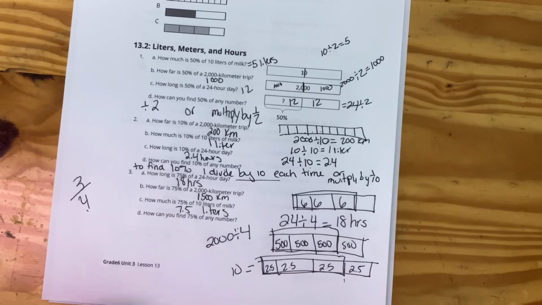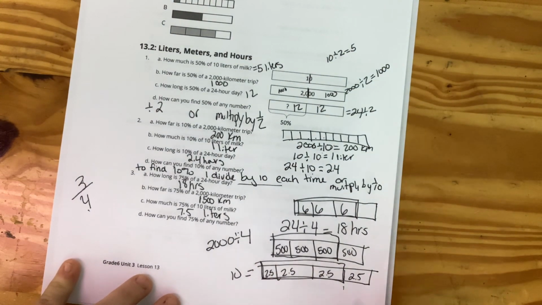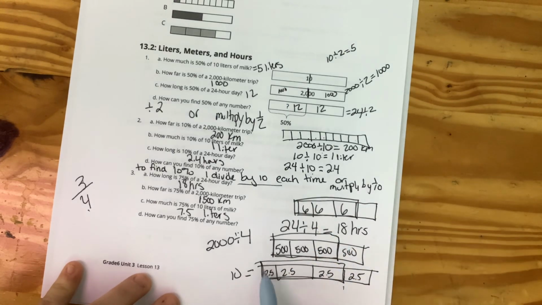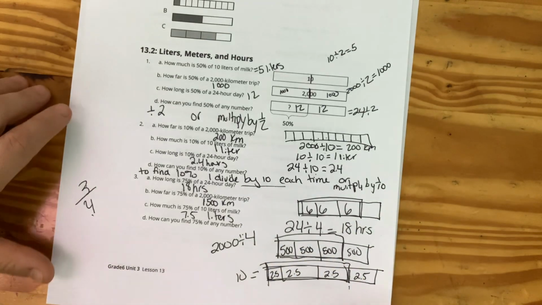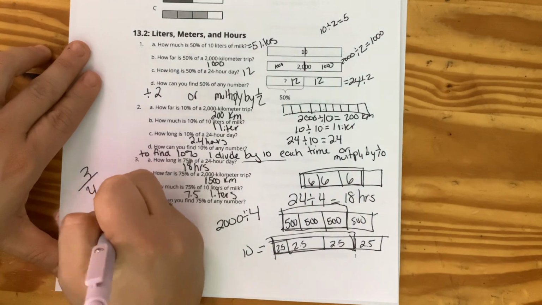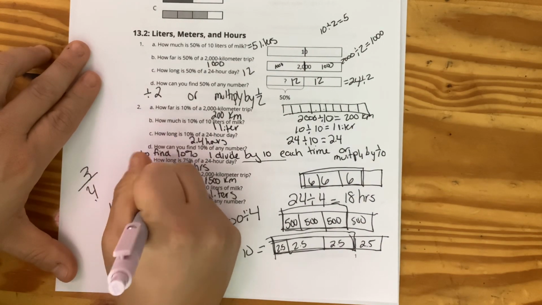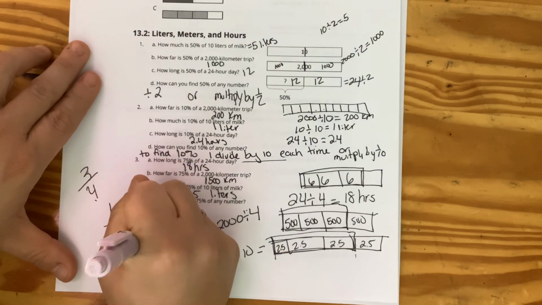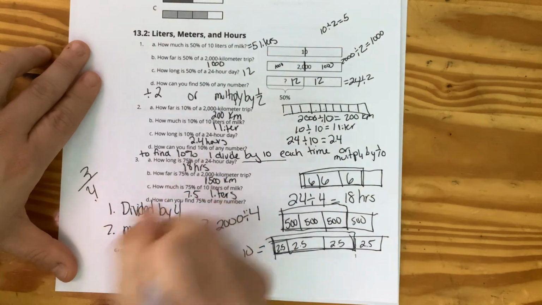Okay? So in this case, we actually had to take 2 steps. We had to divide by our 4, put it in our 4 groups, and then we had to multiply by our 3 groups that we're actually concerned about. So step 1, we divided by 4. Step 2, we multiplied by the 3 groups we were worried about.